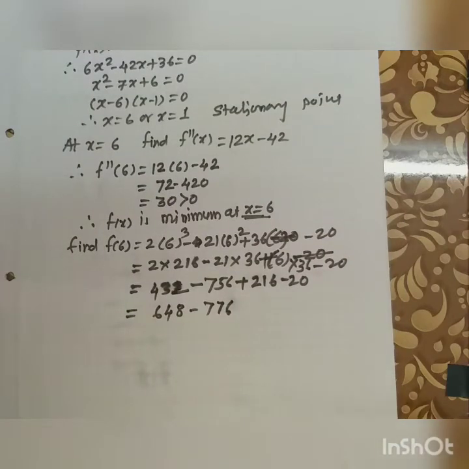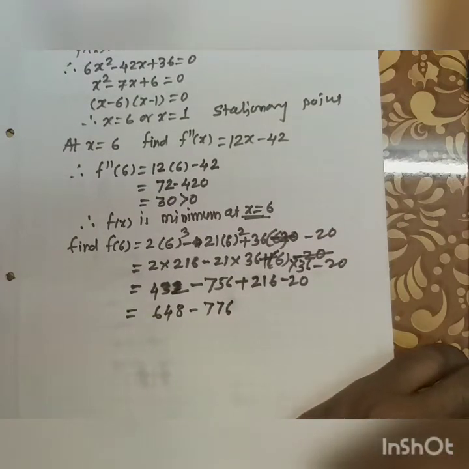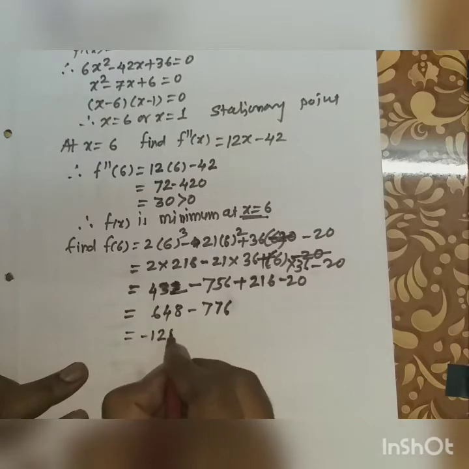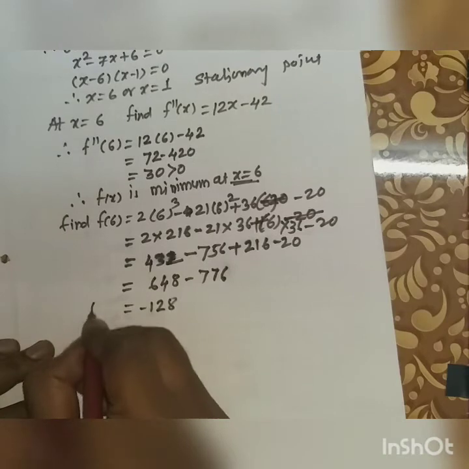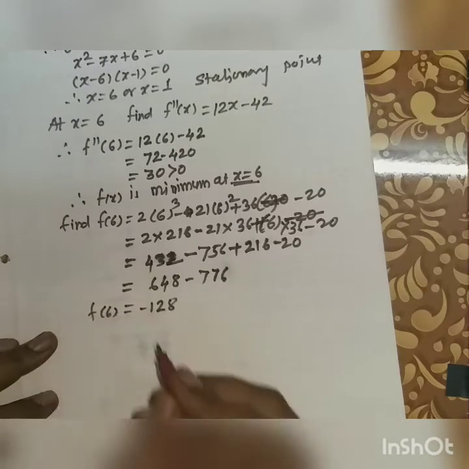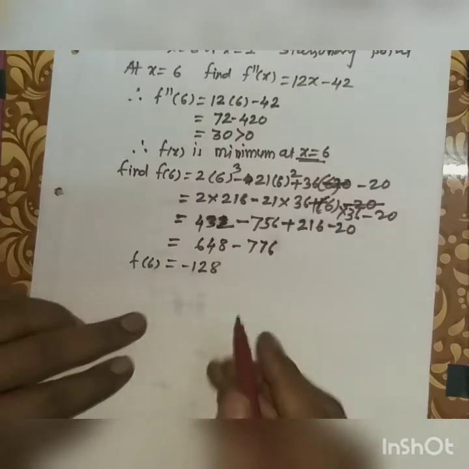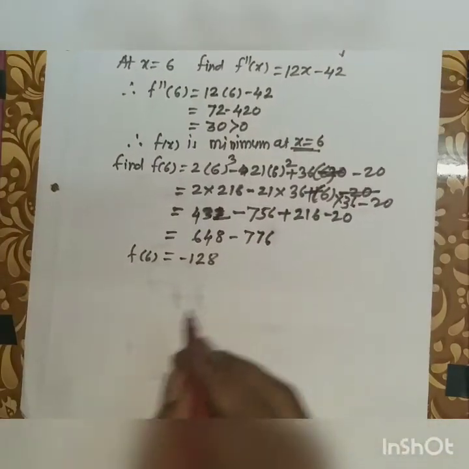Now take the subtraction: minus 128. F of 6 is minus 128, which is the minimum value.